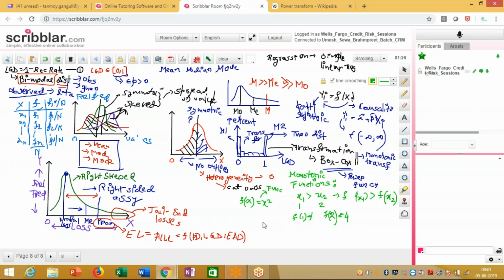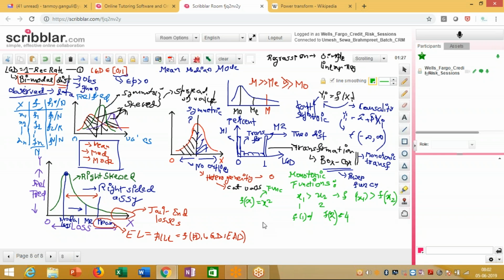One thing you can see is that when 2 is greater than 1, f of 2 is also greater than f of 1. If 3 was greater than 2, then f of 3 would have been greater than f of 2. So the function monotonically keeps on increasing. That is what we call a monotonically increasing function.